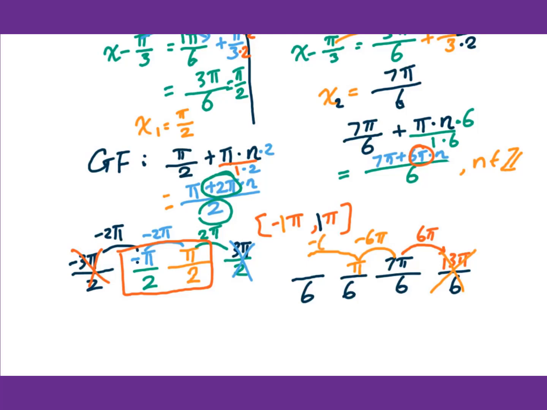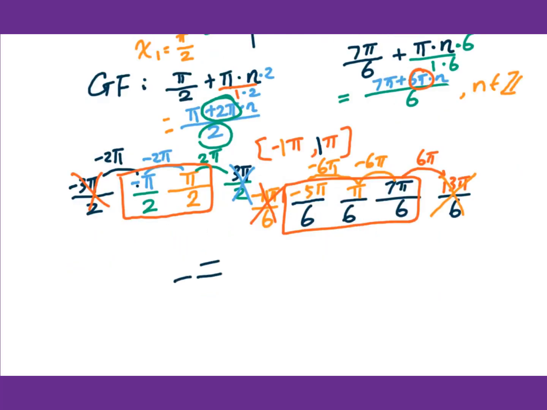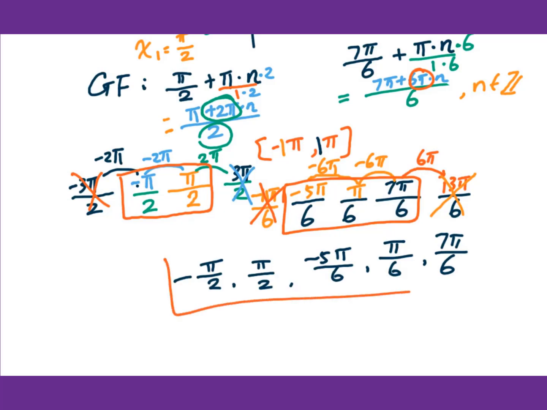Then subtract 6 again. You will get negative 5 pi over 6. Then subtract 6 again. You will get negative 11 pi over 6. It's out of this domain. So you get the solutions: negative pi over 2, pi over 2, negative 5 pi over 6, pi over 6, and 7 pi over 6 will be the solutions between negative pi and pi.